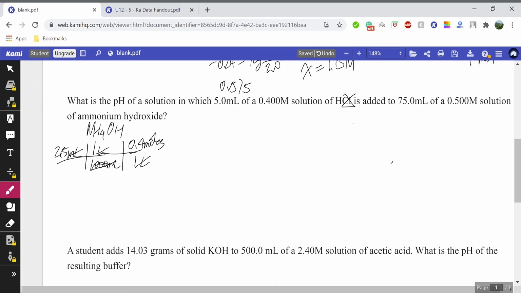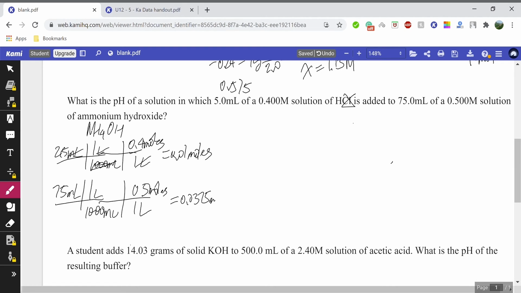So 25 divided by 1K times 0.4 will give you 0.01, and this is our answer in moles. Next, we have 75 milliliters, 1 liter per 1,000 milliliters. And this time it's going to be 0.5 moles per 1 liter, aka 0.5 molar. So 75 divided by 1K times 0.5 gives you 0.0375 moles.